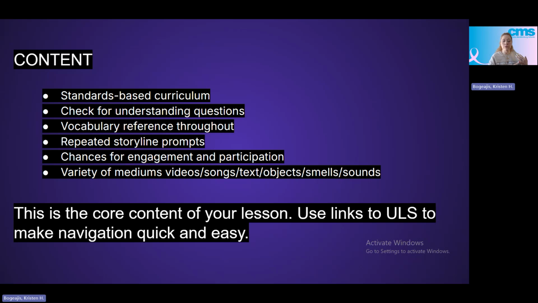You want to make sure that if you have a repeated storyline that you've introduced up there, you're using it in that activity. So if your repeated storyline is, I can identify key details in the story, or I can identify key vocabulary, whatever the standard is, that's your I can. It's your repeated storyline. They're all connected, trifecta. That is what you are going to put on your repeated storyline.